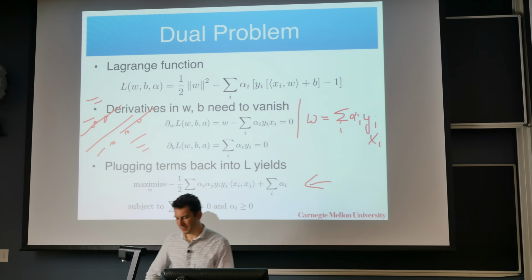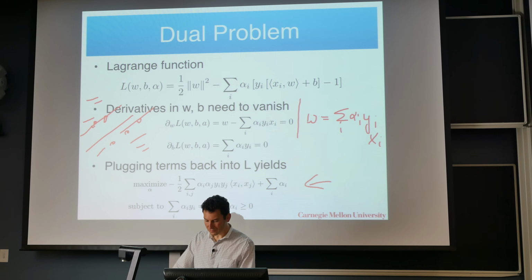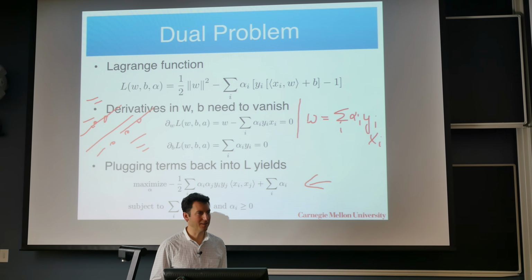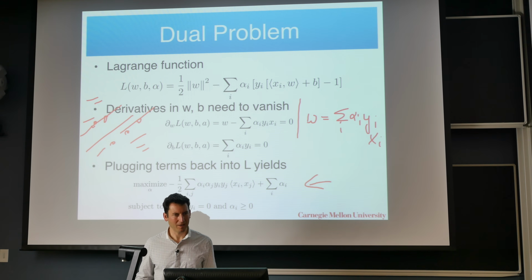So what happens is, let's take the simplest case of an unconstrained optimization problem, right? In an unconstrained optimization problem, I have some function f of x. Okay. And I want to minimize f of x with regard to x.